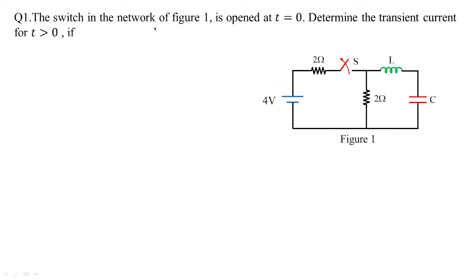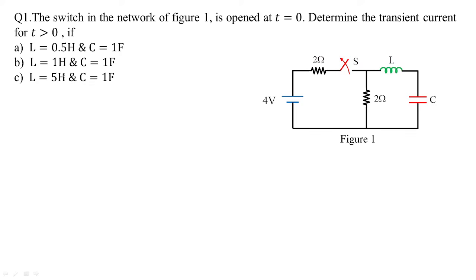Here you can see the switch in the network of figure 1 is opened at t equal to 0. Determine the transient current for t greater than 0 if the inductor value is 0.5 Henry and capacitor value is 1 Farad; if inductor value is 1 Henry and capacitor value is 1 Farad; and inductor value is 5 Henry and the capacitor value is 1 Farad.